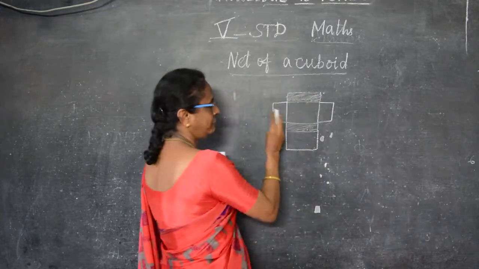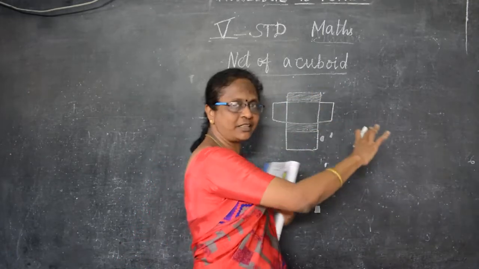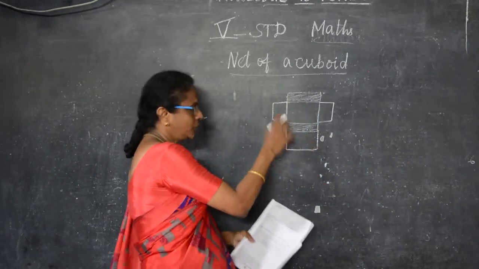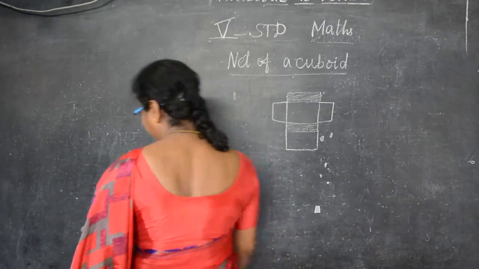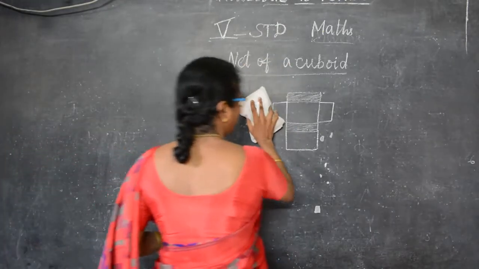If we fold these two, and fold this side like this, this will become a matchbox. This is the net of a cuboid. Now the next one is net of a cube. Can you understand children?